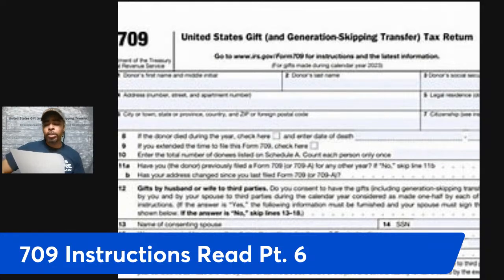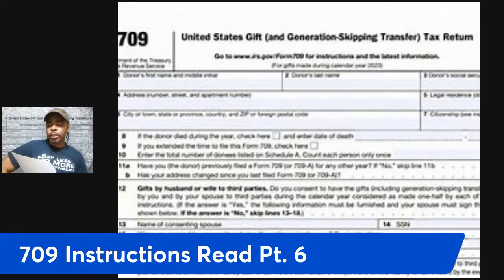We may also disclose this information to other countries under a tax treaty, to federal and state agencies to enforce federal non-tax criminal laws, or to federal law enforcement and intelligence agencies to combat terrorism. We may disclose the information on your Form 709 to the Department of Treasury and contractors for tax administration purposes, and to other persons as necessary to obtain information that we cannot get any other way for purposes of determining the amount of or to collect the tax you owe.